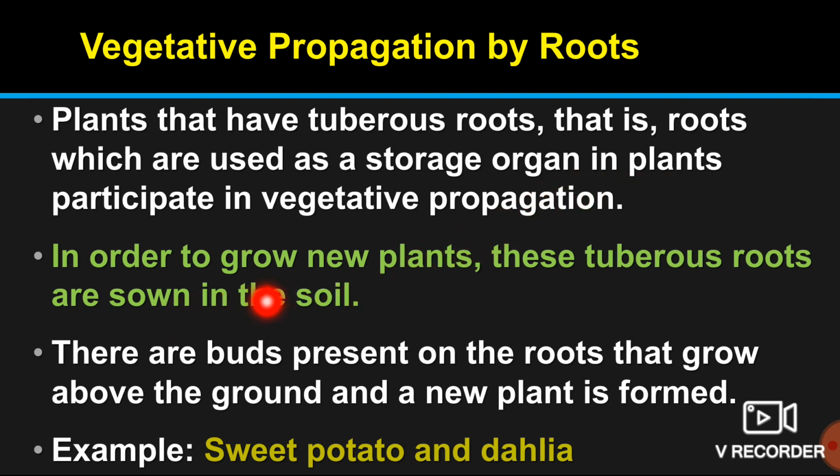In order to grow new plants, these tuberous roots are sown in the soil. There are buds present on the roots that grow above the ground and a new plant is formed. Examples are sweet potato and dahlia.